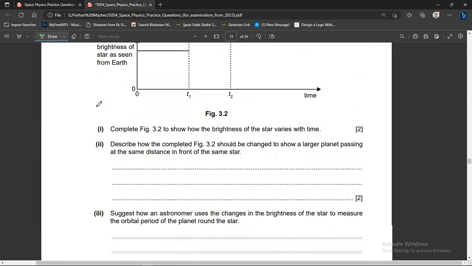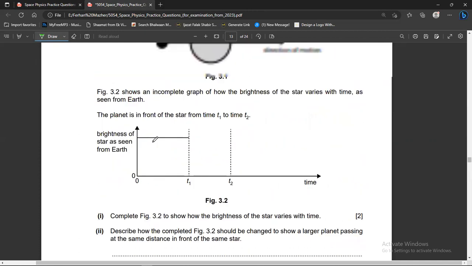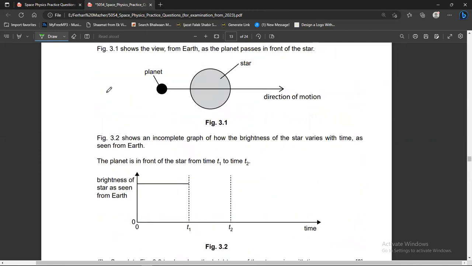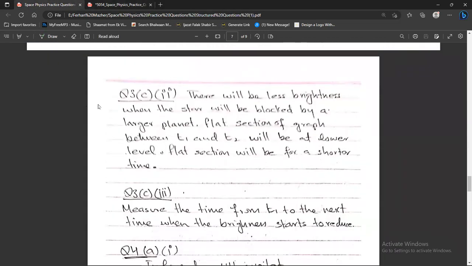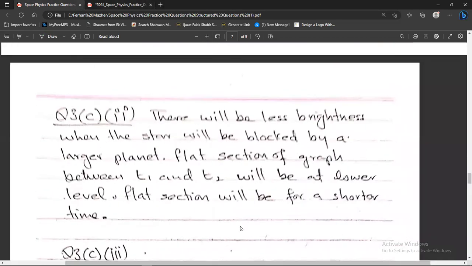Then it says, describe how the completed figure 3.2 should be changed to show a larger planet passing at the same distance in front of the same star. If the planet which comes between the star and the Earth is larger, there will be less brightness when the star is blocked by a larger planet.